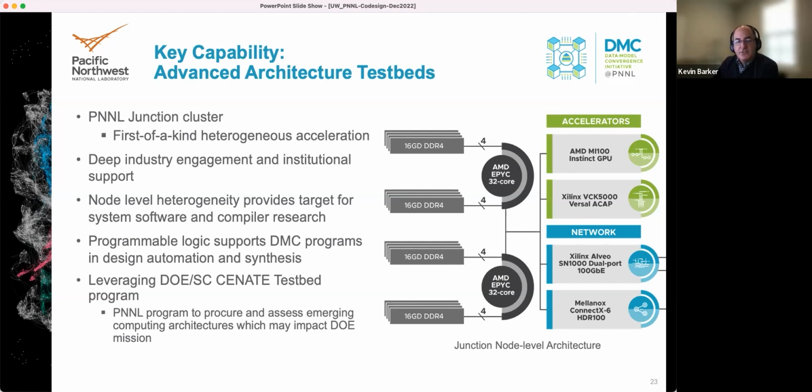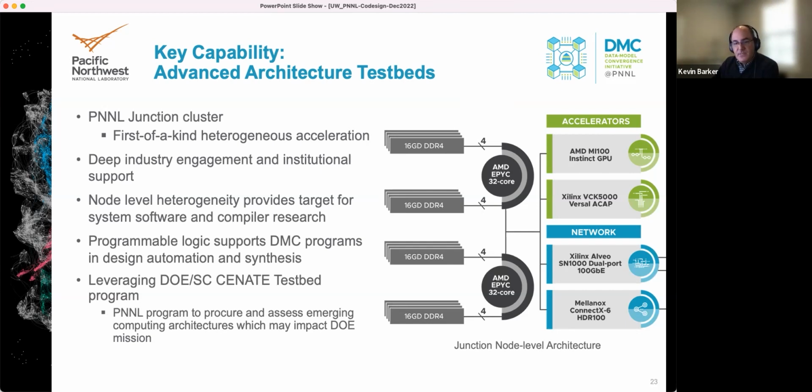And that's the interesting one, because that one combines programmable logic with hard ARM cores, as well as AI accelerator engines, all in one card.